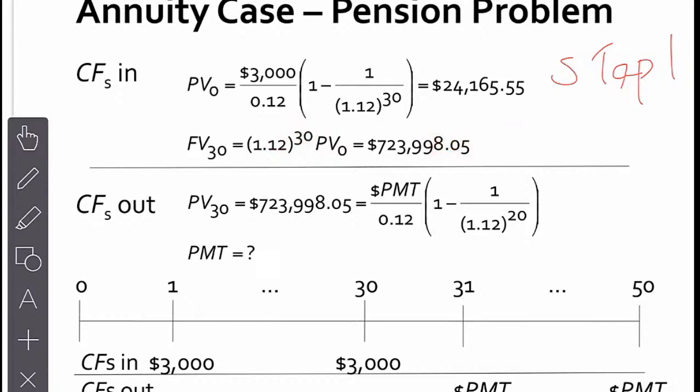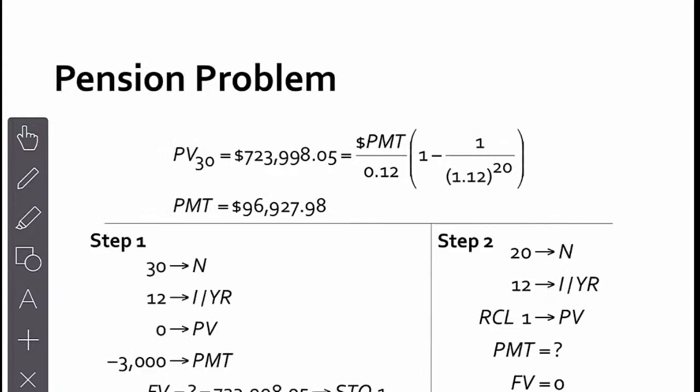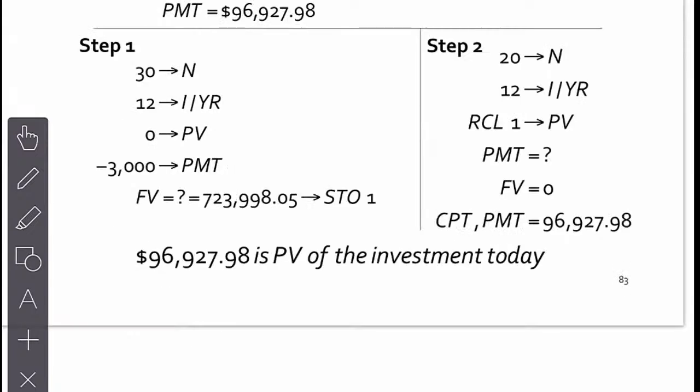So all I want you to do now, if you put these into your calculator, is to do this using the keys. So here's step 1 with the financial keys. All you need to do to get the future value, rather than asking for PV, is put 0 in PV and ask for FV.